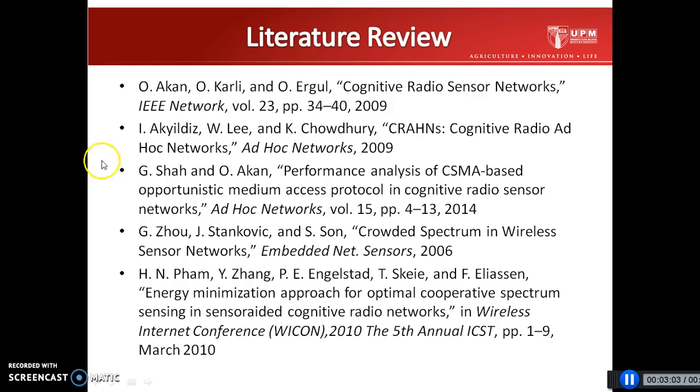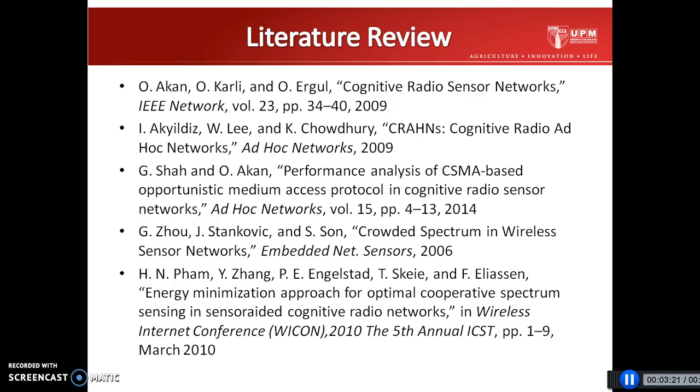And next, the third one is by Shah and Akan on the performance analysis of CRSN based opportunistic medium access protocol in Cognitive Radio Sensor Network. It states the importance of the MAC protocol, where it plays a vital role in CRSN.